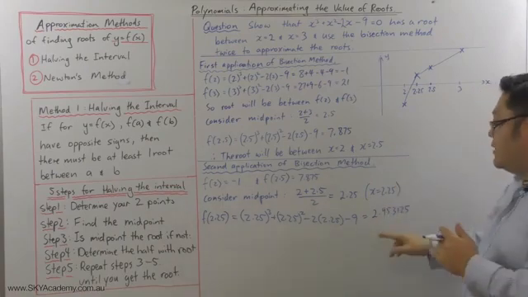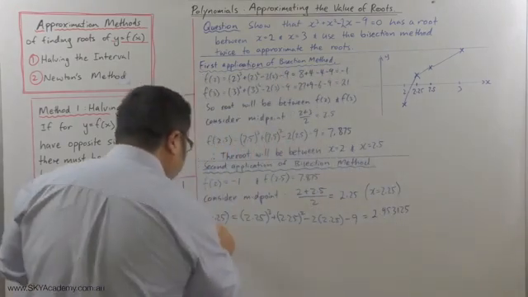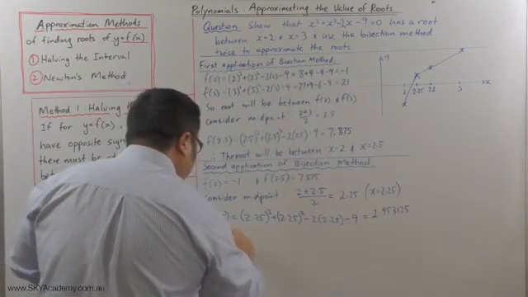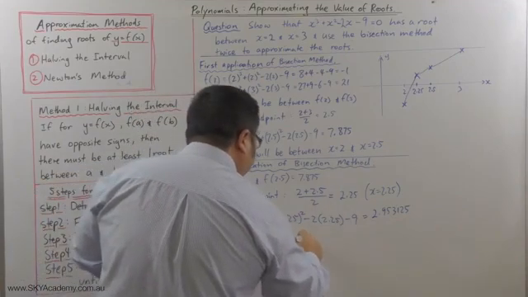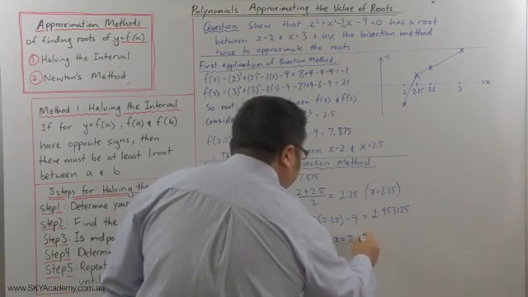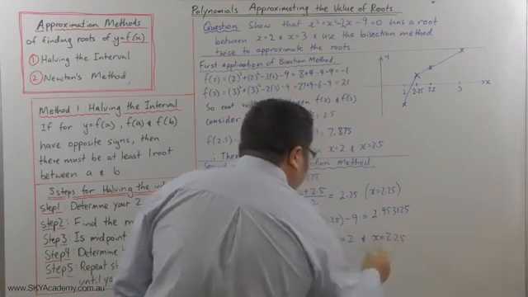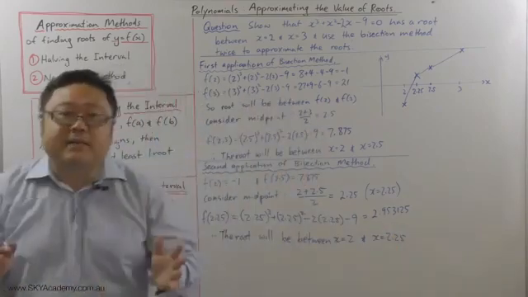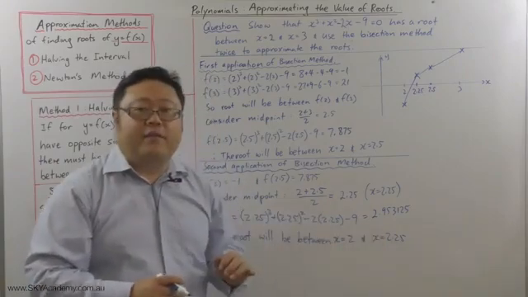So the root will be between x equals 2 and x equals 2.25.